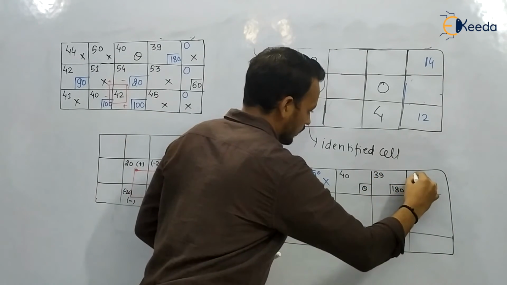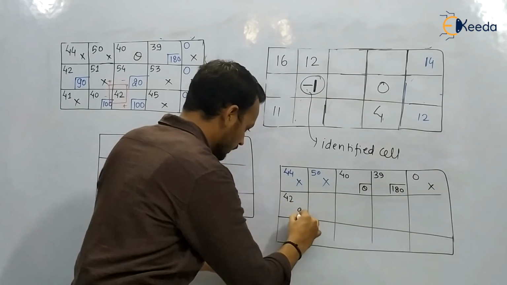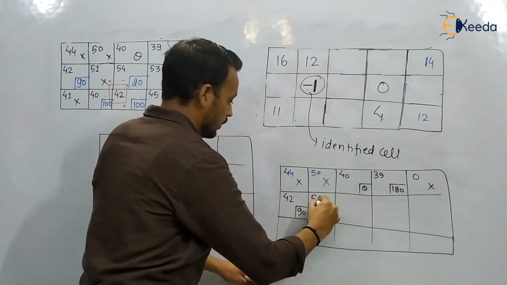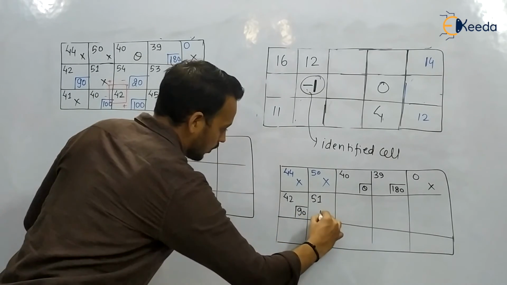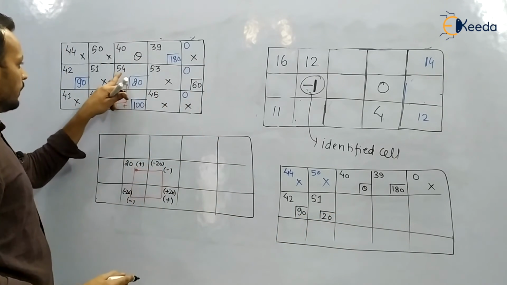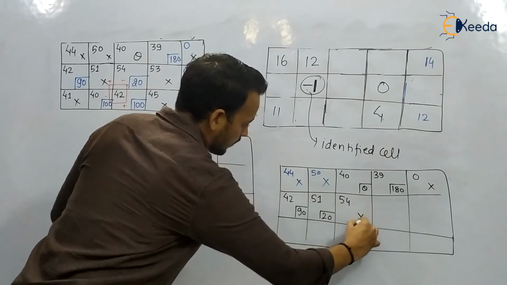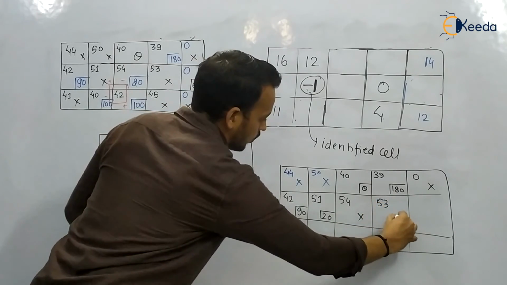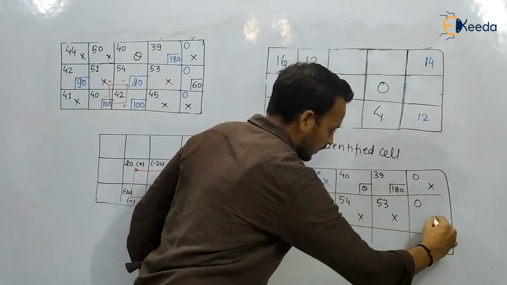Okay, 0 nothing, 42, 90, and here you can see we do not have any unit, but now we have 20. Okay, at 51 we have got 20, and at 54 we have got now 0. Okay, we have got 0. At 53 nothing is there, 53 no allocation is there. At 0 we have got 30, 60.